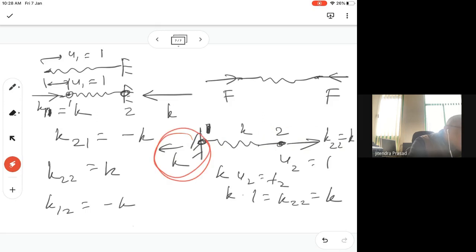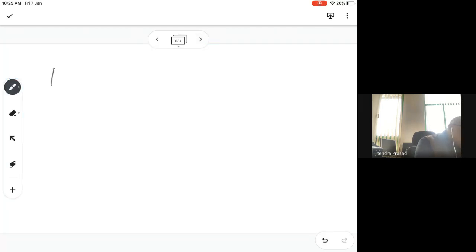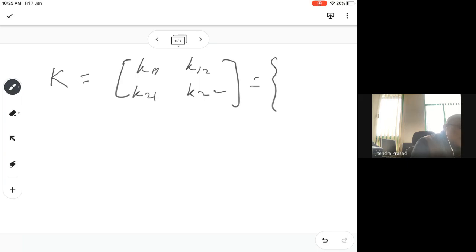K12 means the force required at node 1 to induce unit displacement at node 2, right? So this is minus K because the force is in the opposite x direction. So finally, what do we get? We get K equal to the matrix K11, K12, K21, K22, and those values are K, minus K, minus K, K.